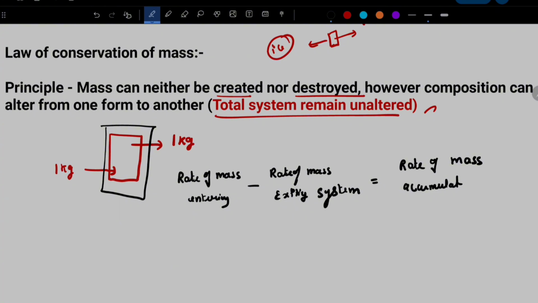Okay, accumulating in the system. What is that accumulation? That means, for example, if the overall product coming out is 0.9 kg, then the 0.1 kg is actually deposited in the system. Okay, it's accumulated in the system. In certain conditions, we will consider this value to be 0. Whatever mass we are entering, it has to exit the system.